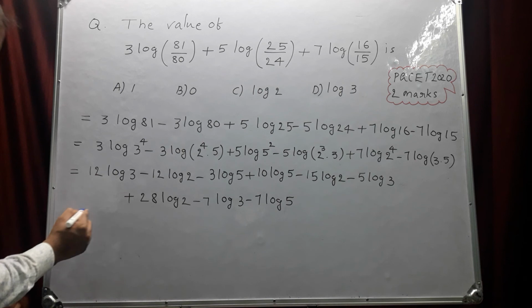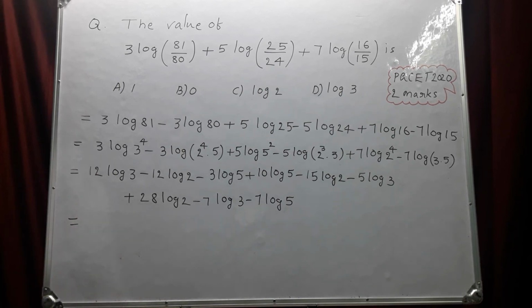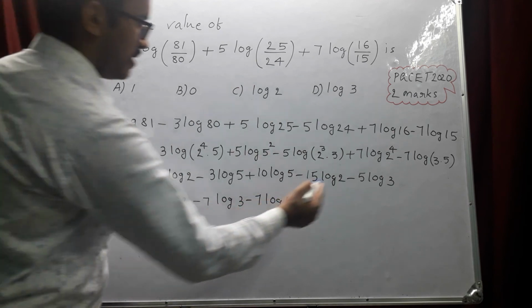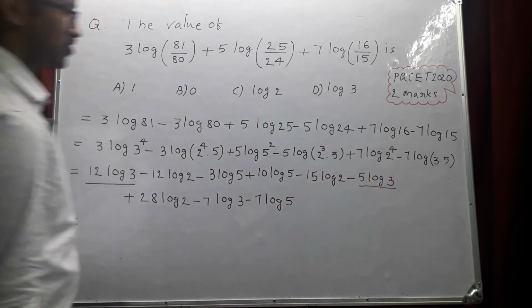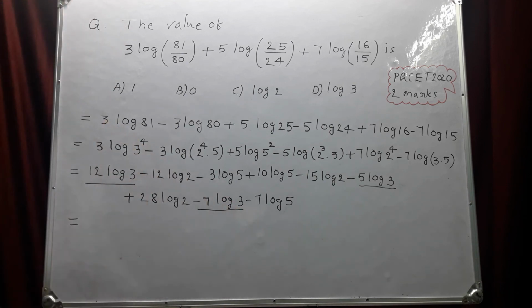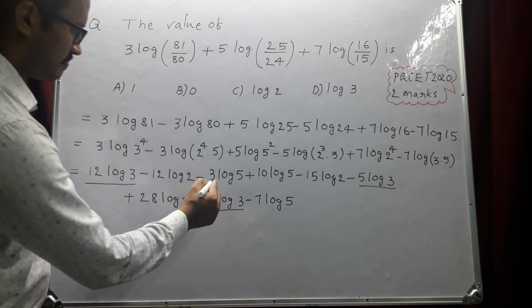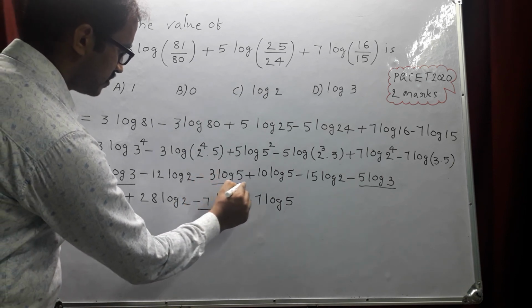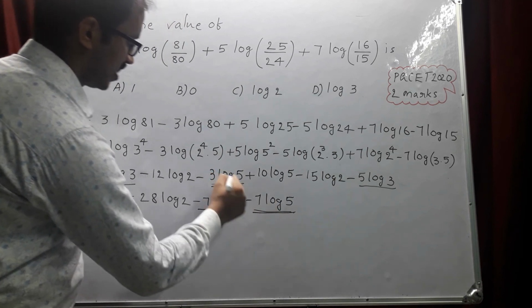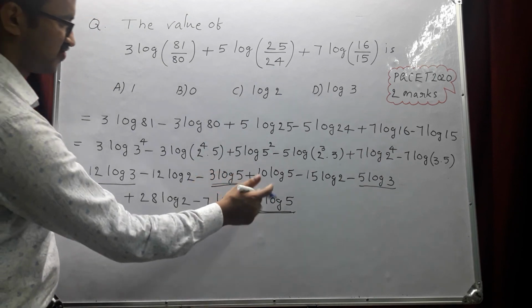Now simplify this one. If you consider the terms containing log 3, we have 12 log 3 minus 5 log 3, so that is 7 log 3 minus 7 log 3. So these terms will get cancelled. If you consider terms containing log 5, we have minus 3 log 5, here minus 7 log 5, so that is minus 10 log 5.